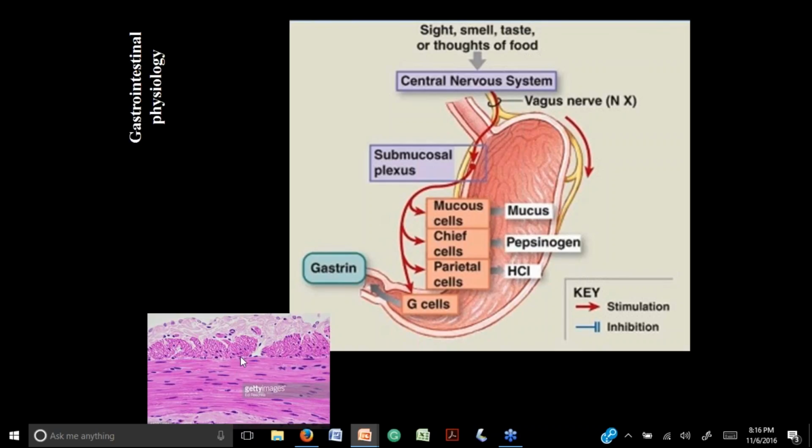So here is circular, and this is the longitudinal muscle. Those are parallel to each other. In between them, in this line, we have the myenteric plexus or the Auerbach plexus.